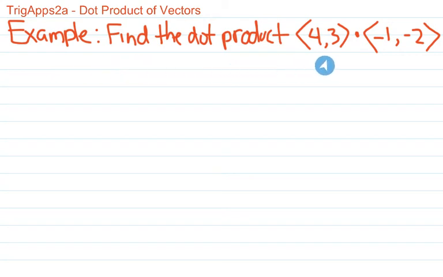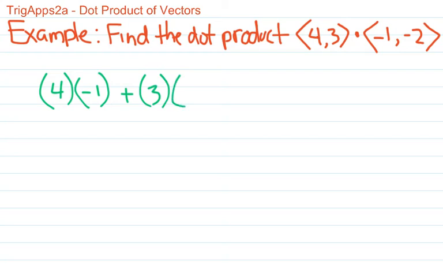Find the dot product of these two vectors. We're just going to apply the dot product. We take the first component of each vector and multiply them by each other, and we add that to the second component of each vector multiplied by each other. That's all there is to it.